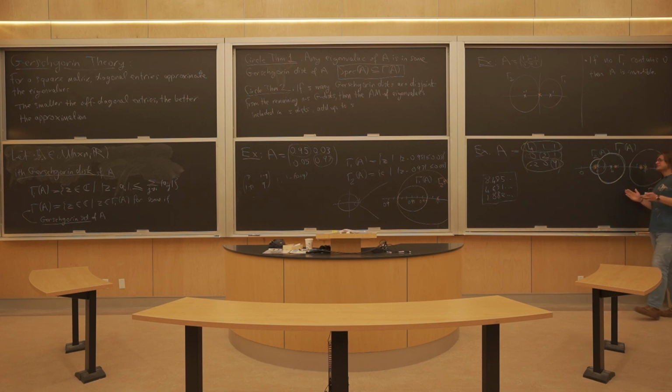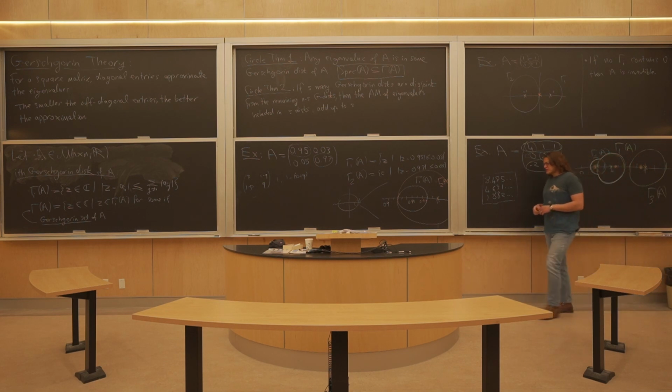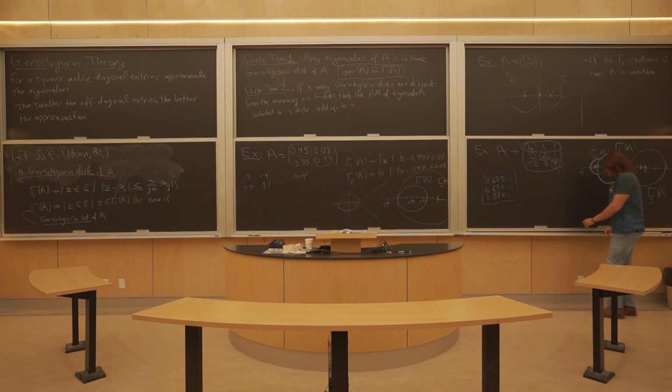It doesn't say that they have to be distinct, but it says that ultimately the algebraic multiplicity is going to add up to 2 because there are 2 disks here. Okay? And here it says, oh, this is one disk, and it is disjoint from the rest, so the algebraic multiplicity is going to be 1. Okay? So that's the idea. As you can see, this is lots of fun, and I think it's very useful too.